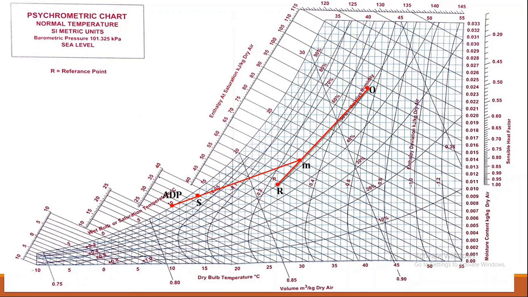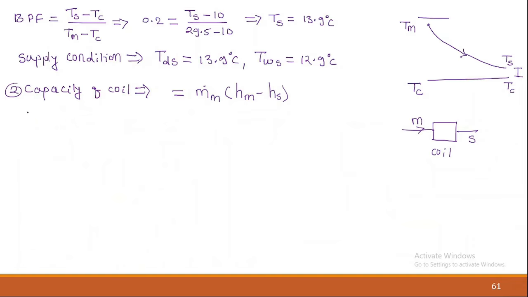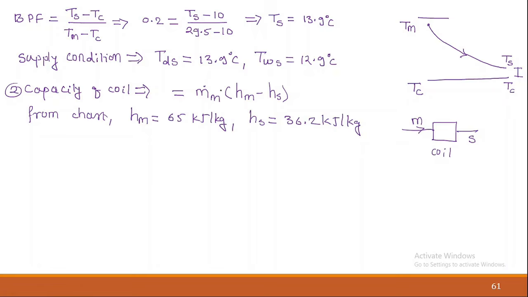So from the psychrometric chart, we plot this HM which is equal to 65 kilojoule per kg and this HS as 36.2 kilojoule per kg. And what is total mass flow rate?